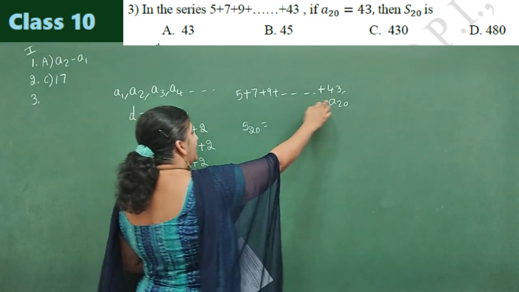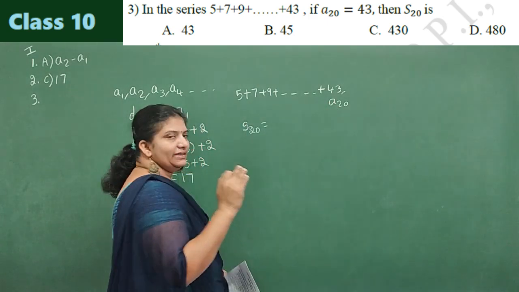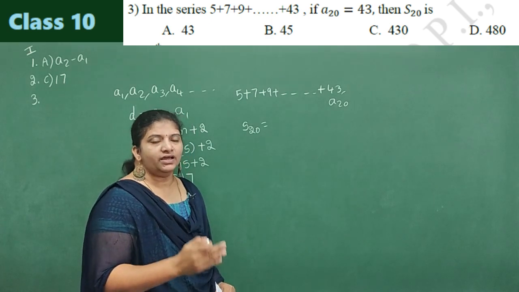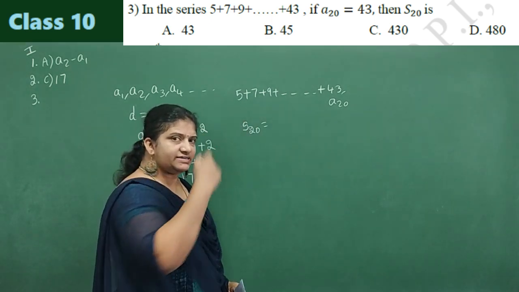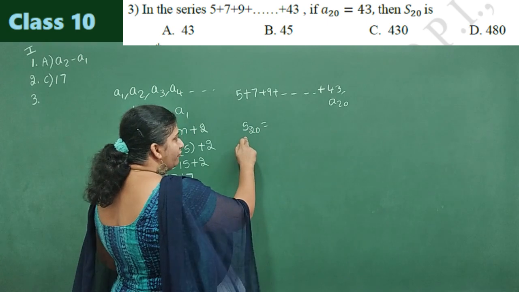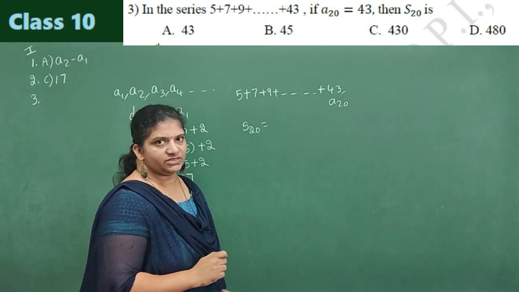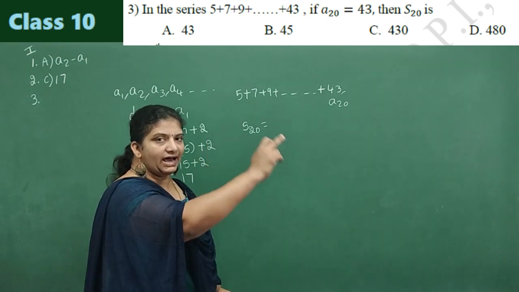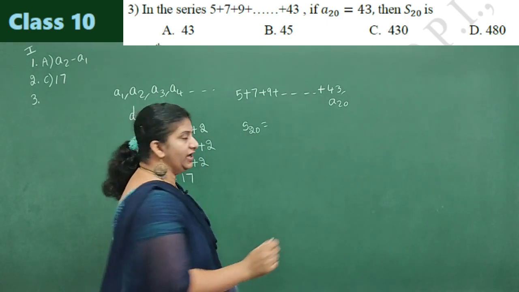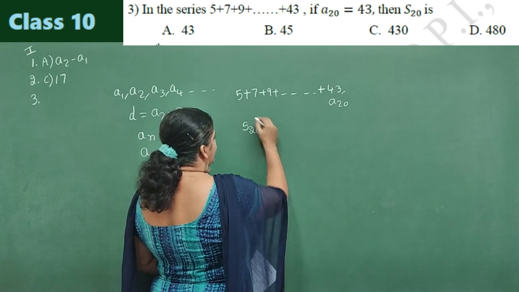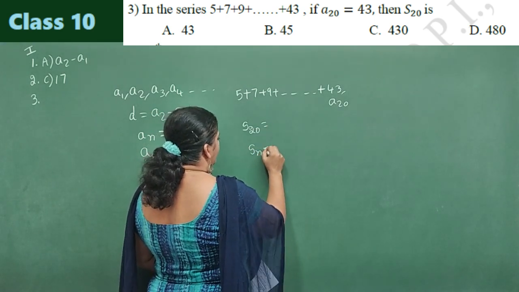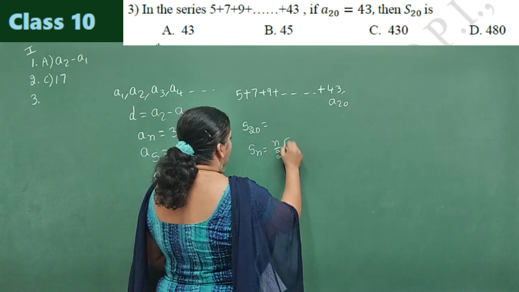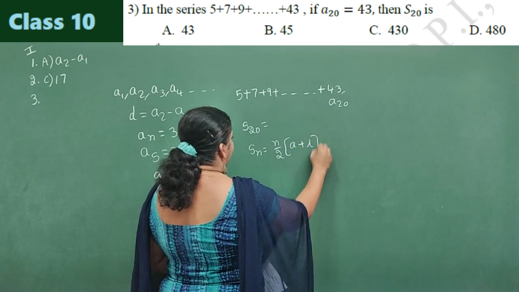So here they have given A20. There are 20 terms. A20 means it is the last term, right? We need to find sum of 20 terms, S20. If you know first and the last term, there is a formula. That is Sn is equal to n by 2 into A plus L.